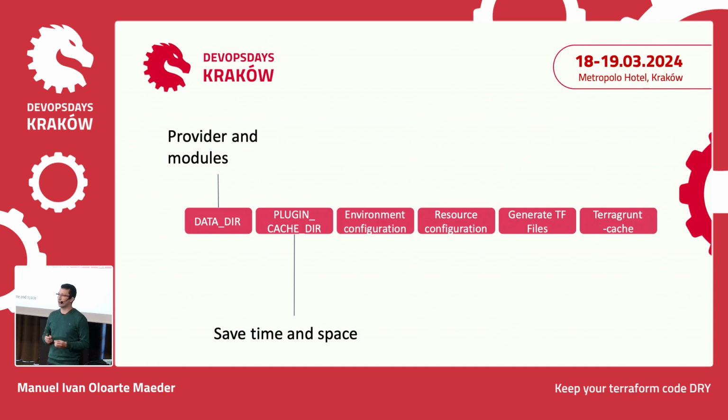But with this parameter, you will have a centralized location where these providers are installed. Then, while running terraform init, it will create a symbolic link to this file. So you don't have to download it, which makes things a little bit faster, and it saves space on your location where you are running Terraform or Terragrunt.